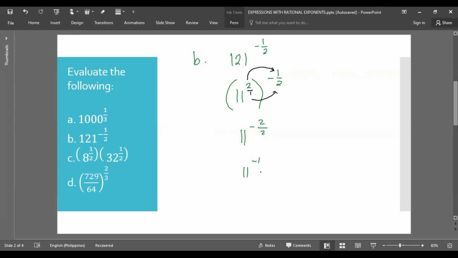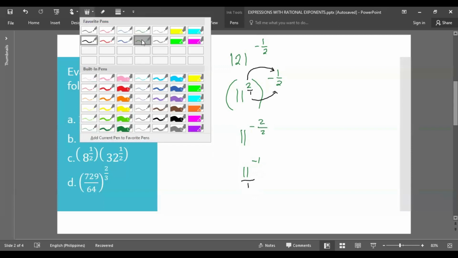An expression is not yet in its simplest form if there is a negative exponent, just like in this case. The exponent here is -1. We still have to manipulate this to make this exponent positive, and that is by getting the reciprocal of this expression. Take note that the denominator of this is 1.